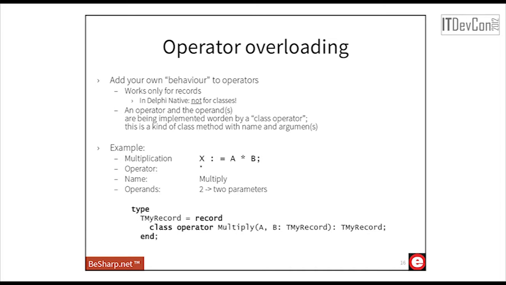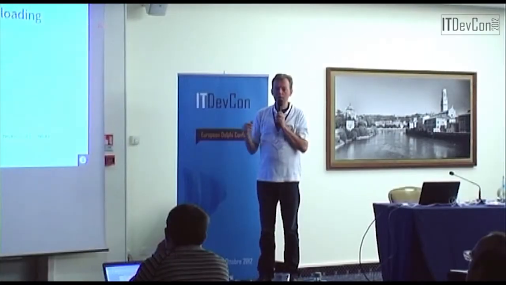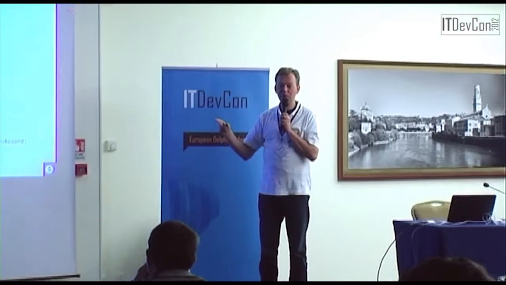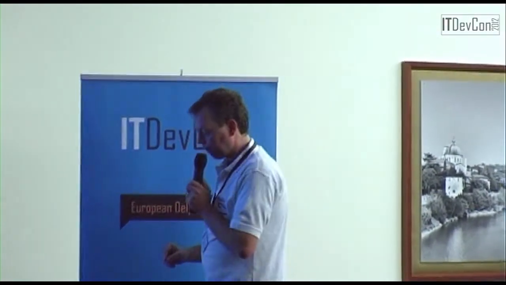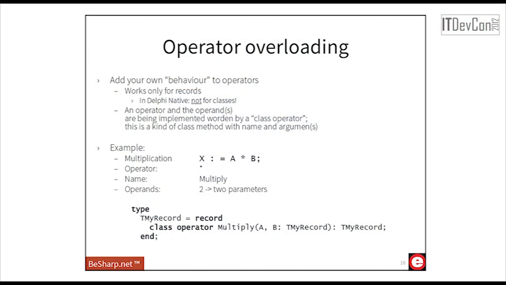Class operator multiply, you get two operands. I called them A and B. If you have more screen space, like not on this presentation, but in real code, I usually call them left and right, because it's the left side and the right side of the operator. And what you see is that you get record as parameter type and record as result.